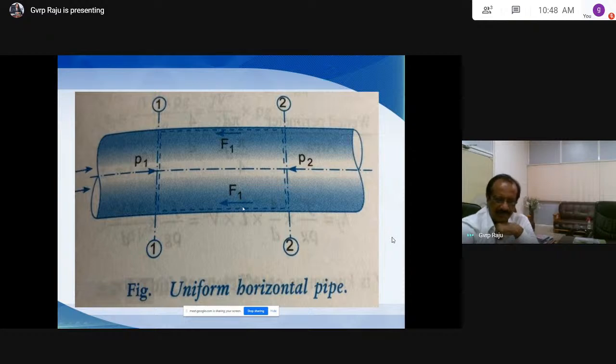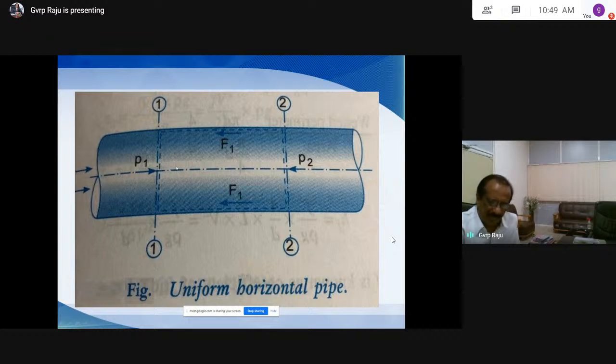surface and the fluid at the bottom side and the top side around the circumference, between the pipe surface and the fluid, and also it is due to the friction between the individual fluid particles. Most of the students think that the friction is only between the pipe material and the fluid.